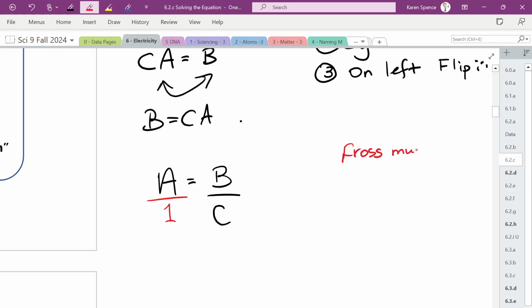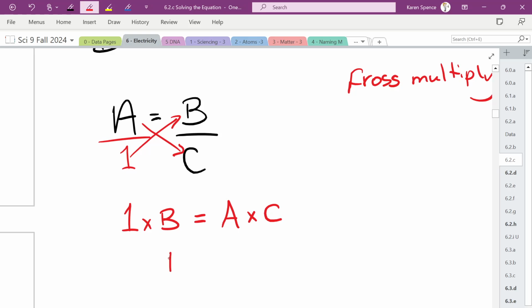So you would have 1 times B is equal to A times C, which is equal to B is equal to A, C.